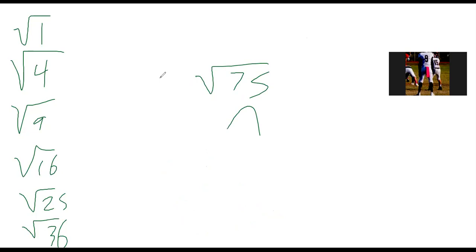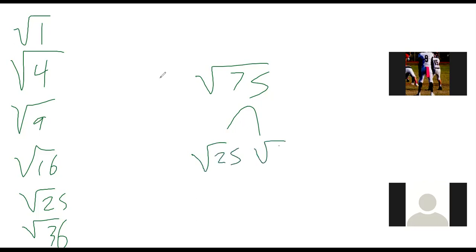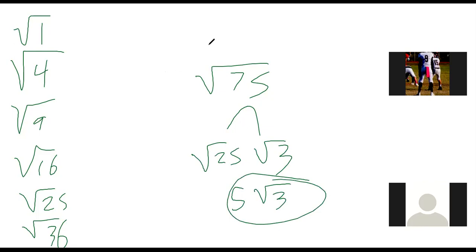If it ends in 5, that's a pretty big giveaway. 25. Yeah. So square root of 25 and square root of 3. 25 times 3 is 75. So if we take the square root of 25, that should be 5 square root of 3. And those are all of our simplified versions. Let me do one more.